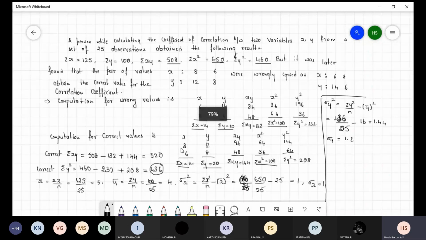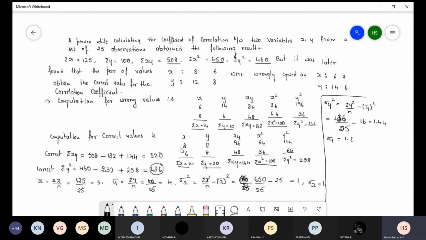Next, we have to write the formula to find the correct value for the correlation coefficient. Here R is equal to sum of x minus x bar into y minus y bar divided by n into sigma x into sigma y.